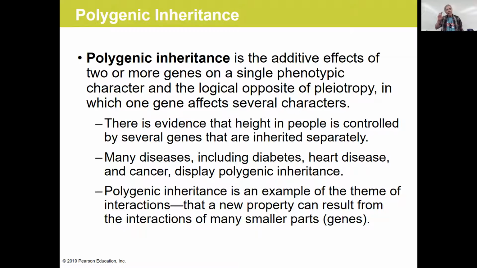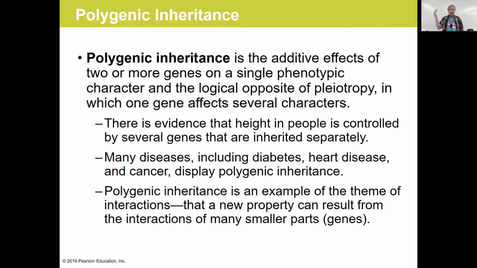So how can you detect whether something is polygenic? Well, if you have so many phenotypes in this trait that it fits a normal distribution, a huge number of phenotypes, then that's probably polygenic inheritance.